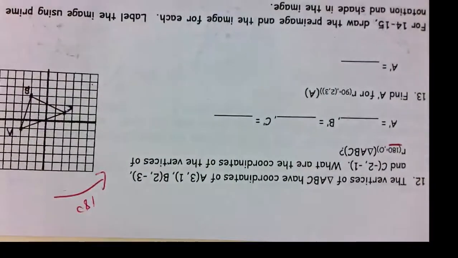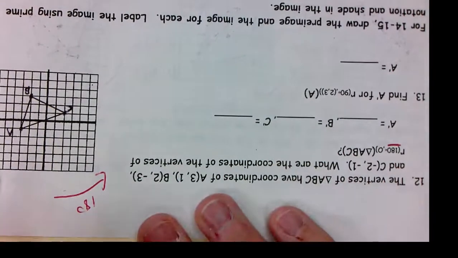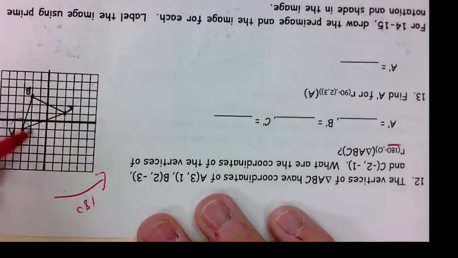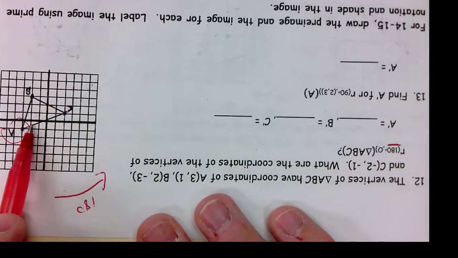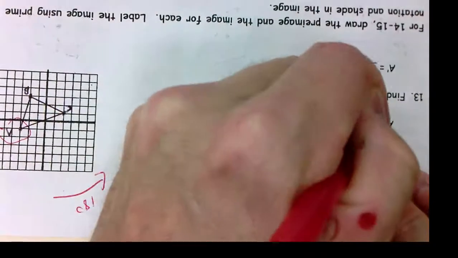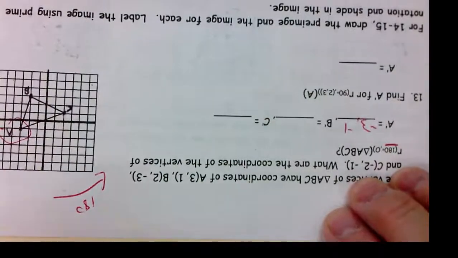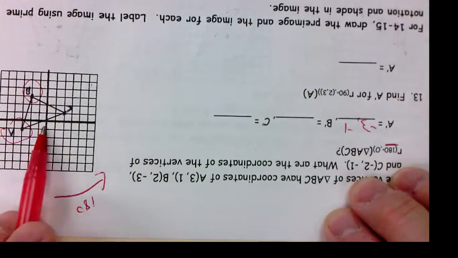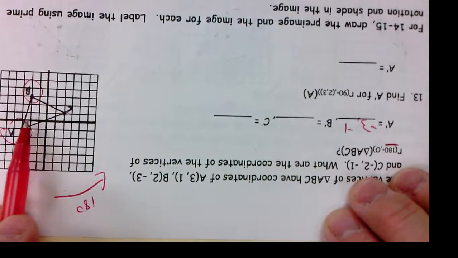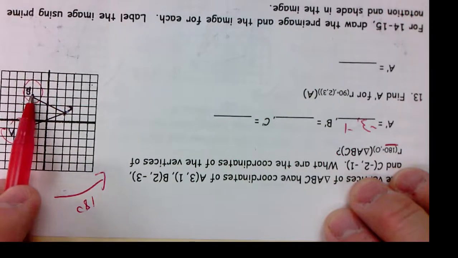And so now I can write down where those coordinates end up after a 180-degree rotation. So A, right here, ends up at negative 3, negative 1. B ends up here after a 180-degree rotation at negative 2, positive 3.